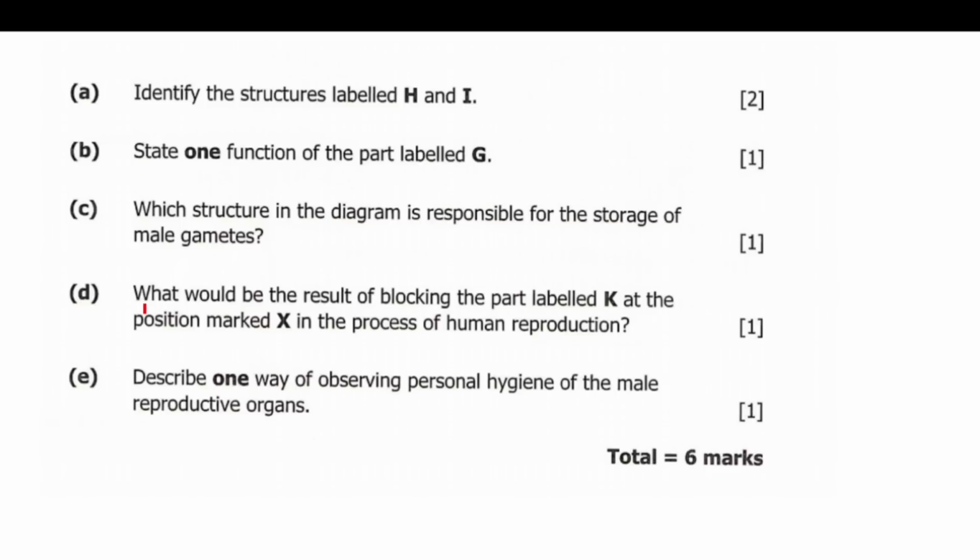D reads, what would be the result of blocking the part labeled K at the position marked X in the process of human reproduction? Then E reads, describe one way of observing personal hygiene of the male reproductive organs.